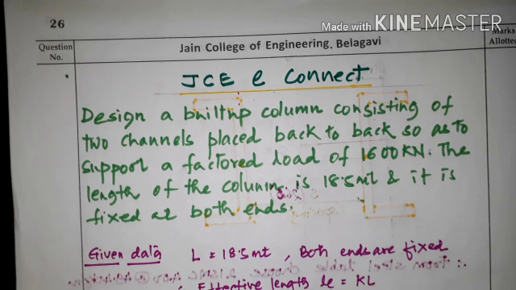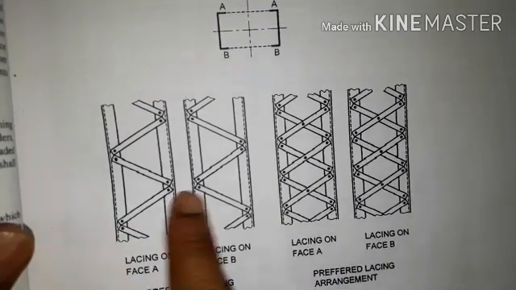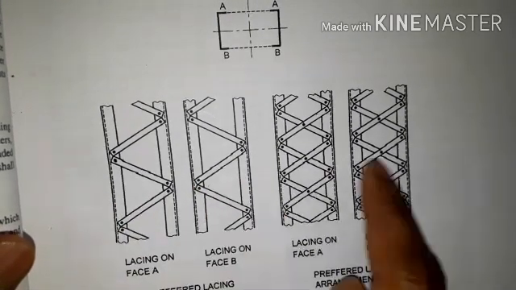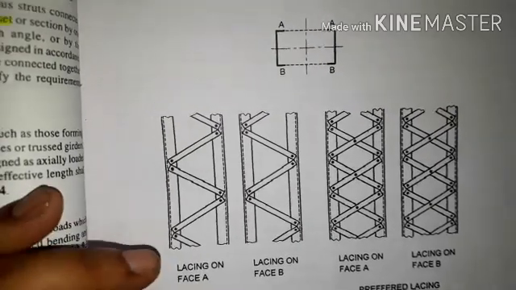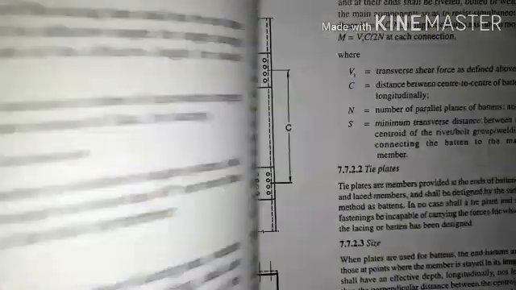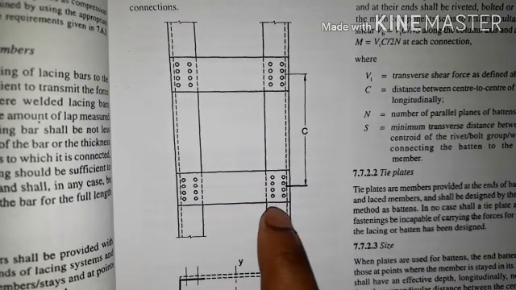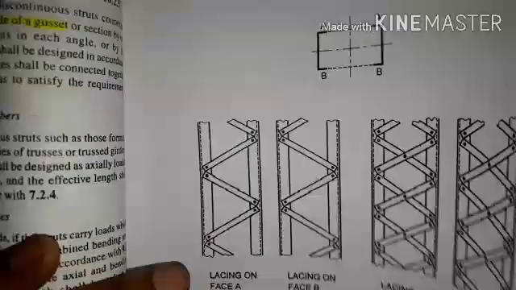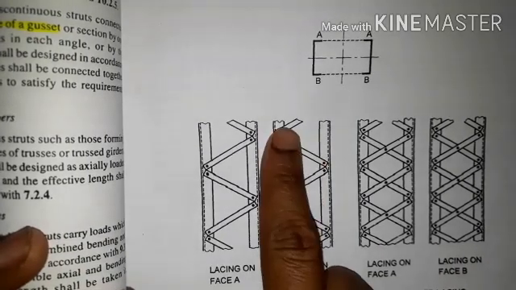Built up sections can be designed using a lacing system, that may be single lacing or double lacing, or they may be designed using batten plates also. In the last session we designed a built up column by using a single lacing system.